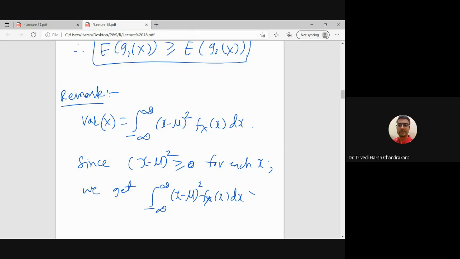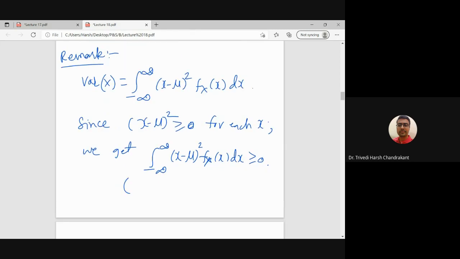That means it is greater than or equal to 0. So what we use is part 2, part B of the previous result.